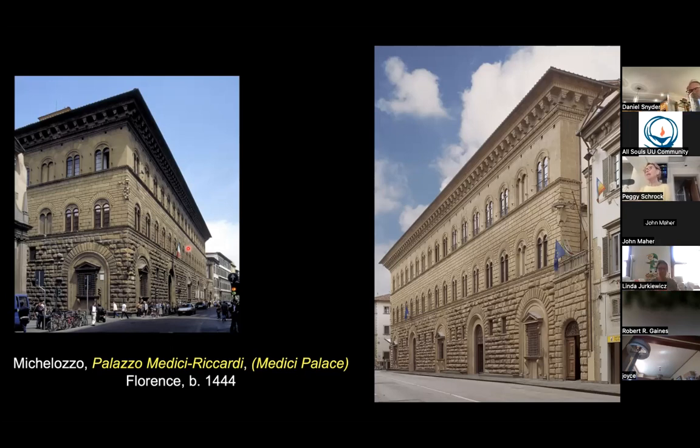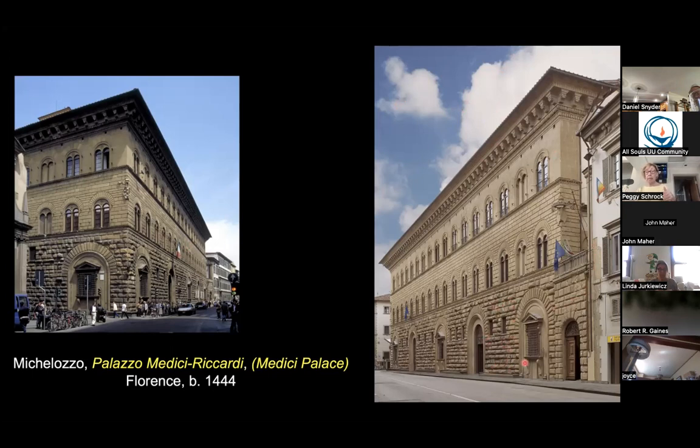It has that Renaissance sense of regularity and rhythm that they like in Renaissance design. A flat roof, which is a very Mediterranean Italian style, and then a cornice at the top that extends out. The lower level is rusticated.